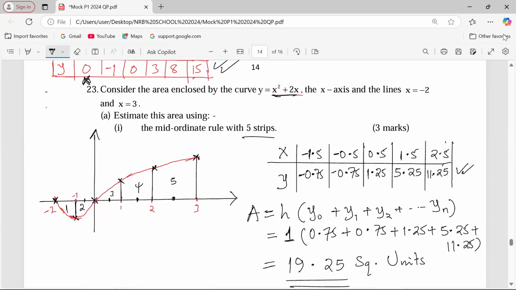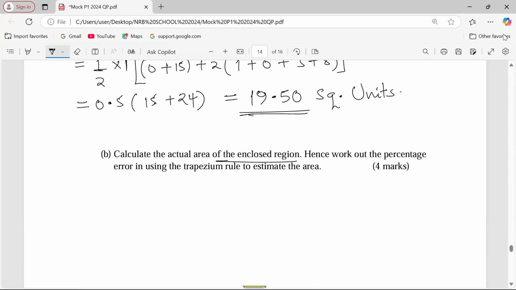Therefore, you can see the area is not on the same region. The area has been split: one area is below the x-axis, another area is above the x-axis. So we shall integrate twice. We start from -2 to 0, then from 0 to 3. So we will be integrating this function.